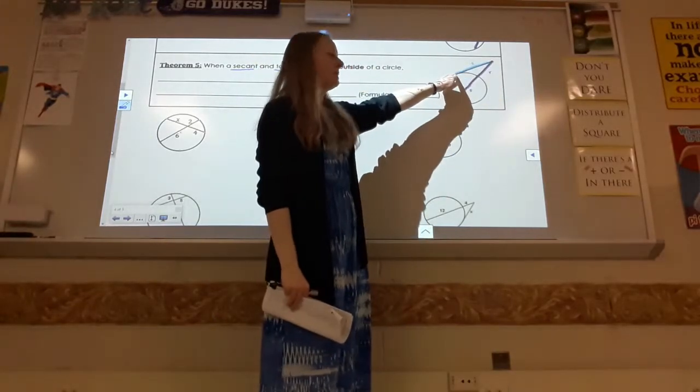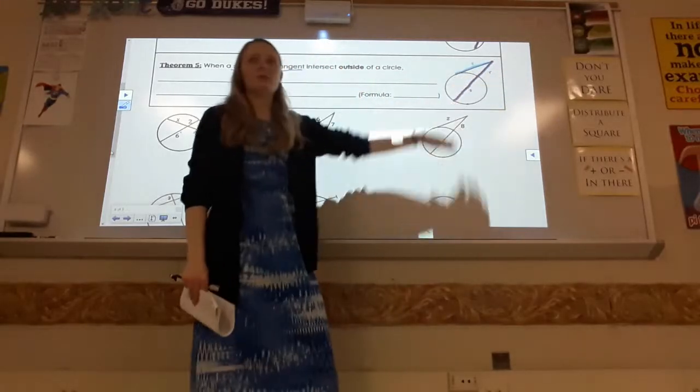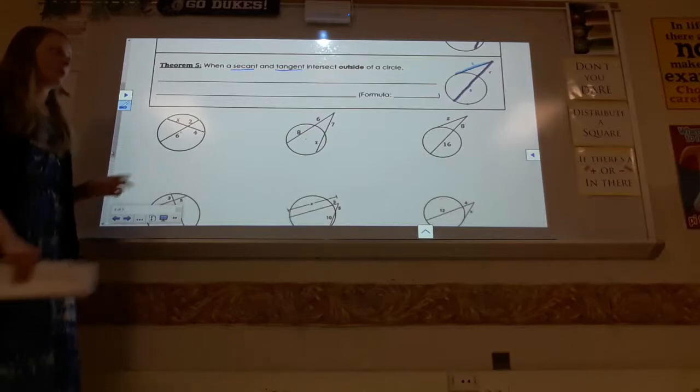The blue one only touches the circle once. That's why it's a tangent. This purple one is the secant because it touches the circle twice. So make sure you know which one's the tangent, which one's the secant, because that's important for the formula.